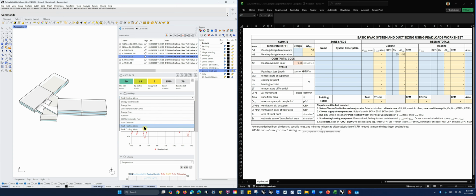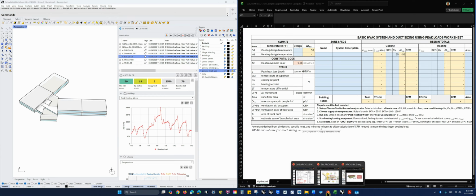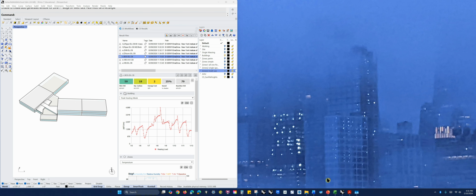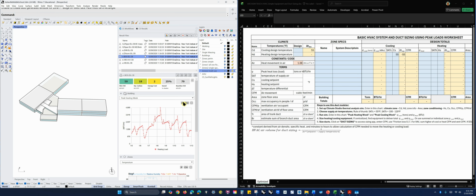And why do I say they're accurate? Well, my peak heating load is about 4,900, and the engineer set it at 5,000 for the project. The cooling load's 392 tons, and mine is 450.